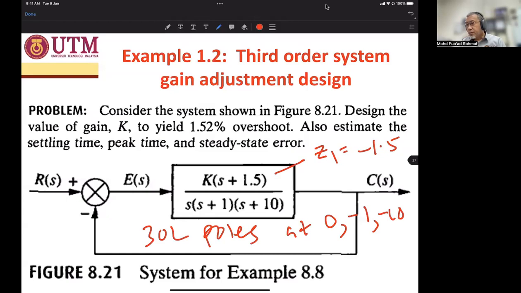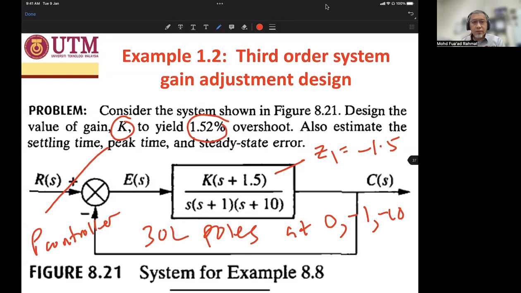You are required to design a P controller to yield a 1.52% overshoot.